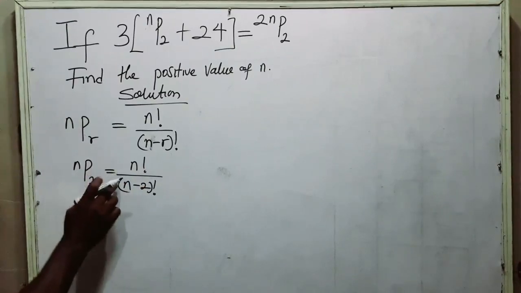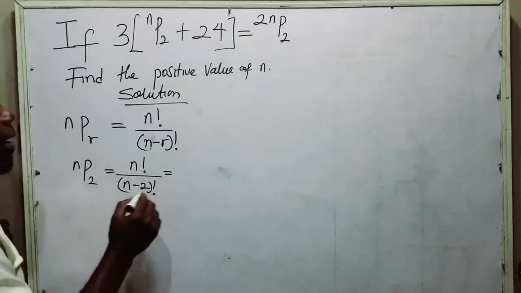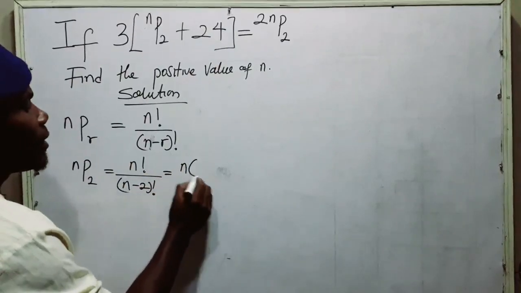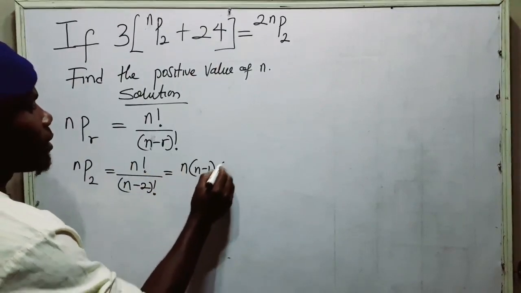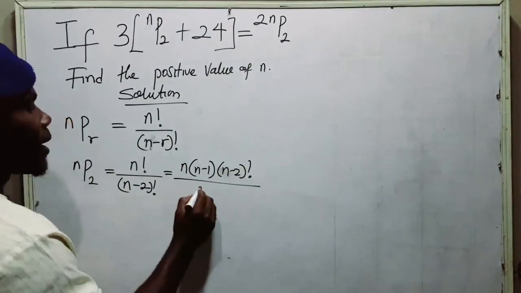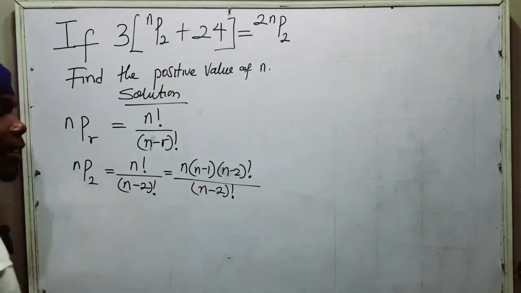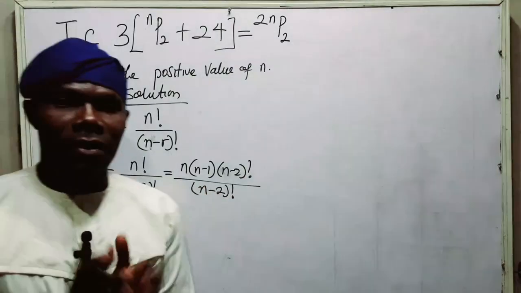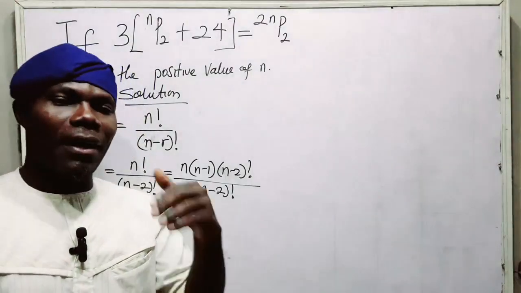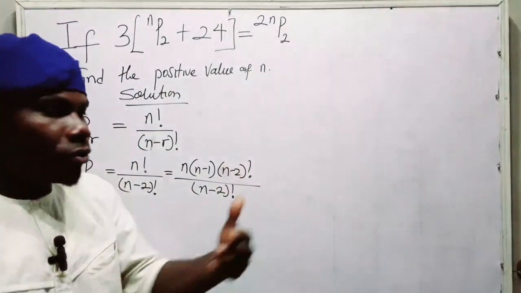And if we have n factorial over n minus 2 factorial like this, you can also rewrite it to have n, bracket, n minus 1, bracket, n minus 2 factorial over n minus 2 factorial. As I've said earlier, this page is a page where we want to explain and give you the reasons why or how we are getting our solution.